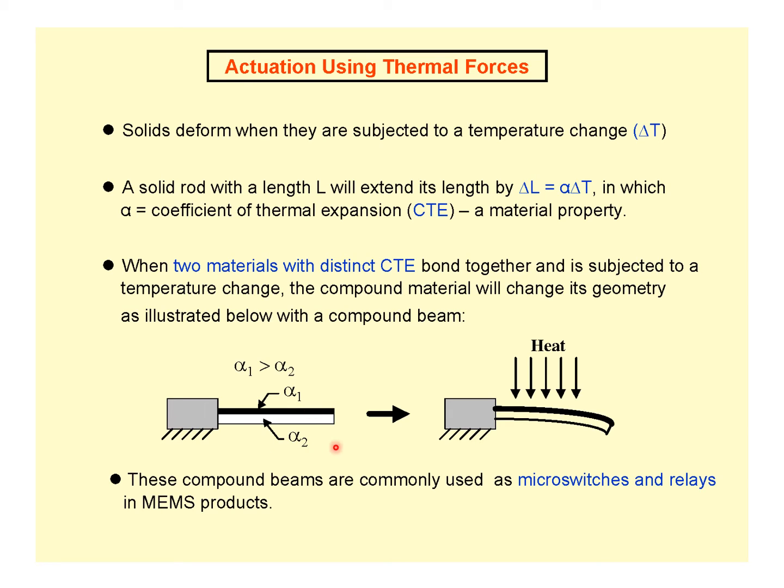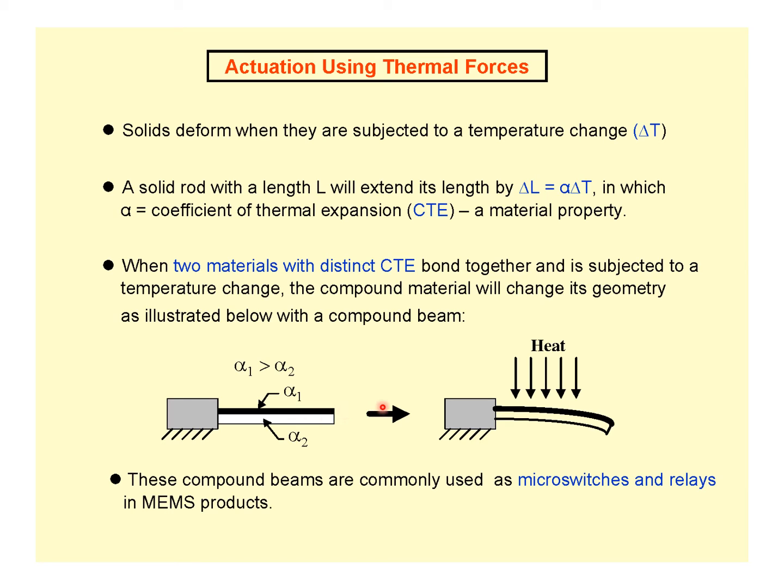When the two materials are sandwiched together and subjected to a temperature change, what will happen? The material with the larger thermal expansion coefficient will elongate more when compared to the material with the smaller thermal expansion coefficient.